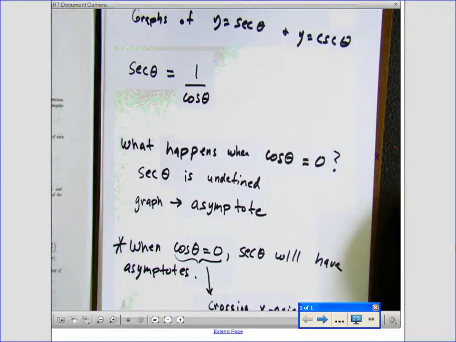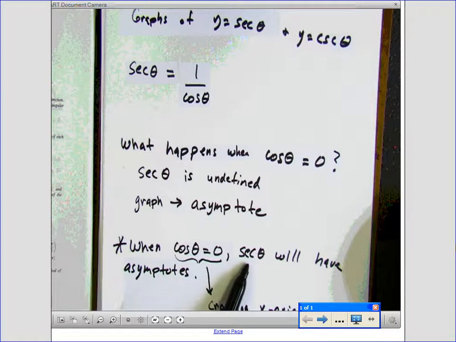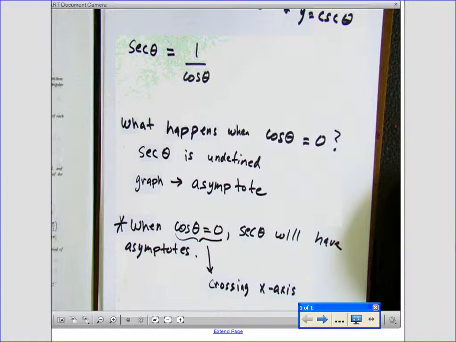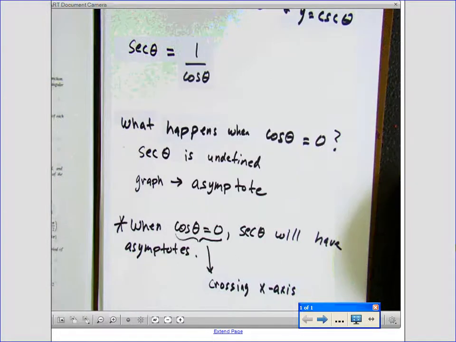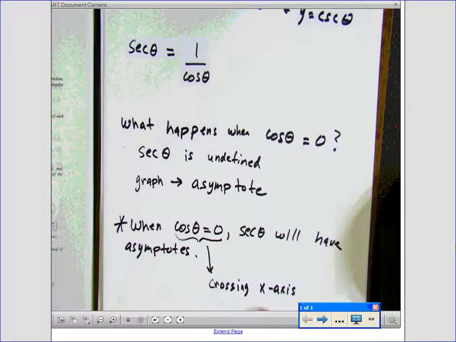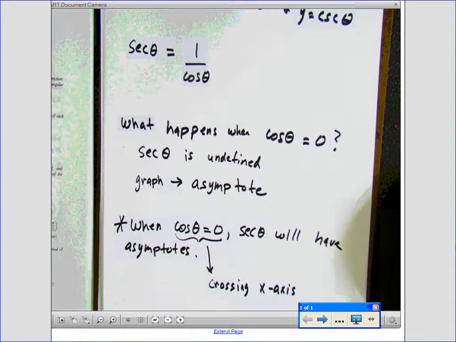So when it crosses the x-axis, that's where secant is going to have an asymptote, right? Okay. Now after it crosses 0, it goes down to -1, and then it crosses the x-axis again. So it's going to have another asymptote. So every time the cosine curve crosses the x-axis, secant will have an asymptote.